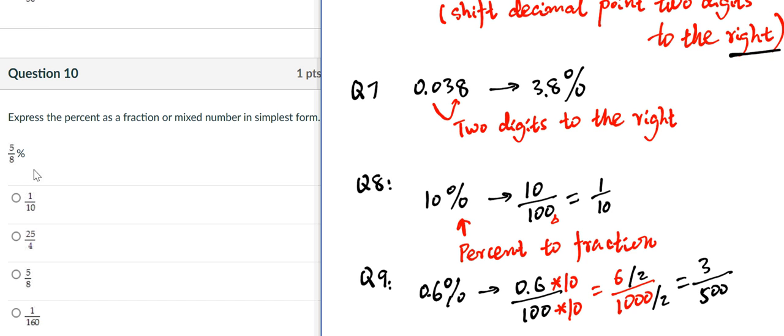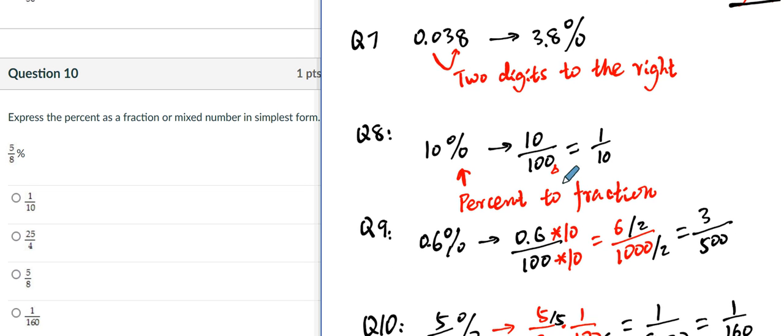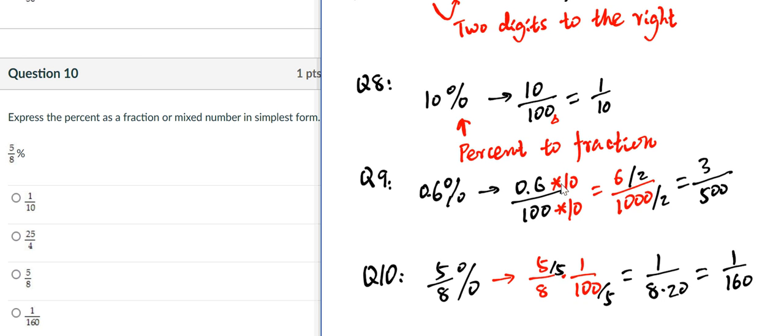Similarly, this one is the same. 5 over 8% is 5 over 8 divided by 100. You will write it like 5 over 8 times 1 over 100. There is a common factor 5 upstairs and downstairs.